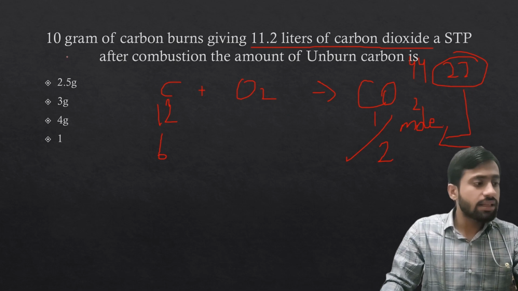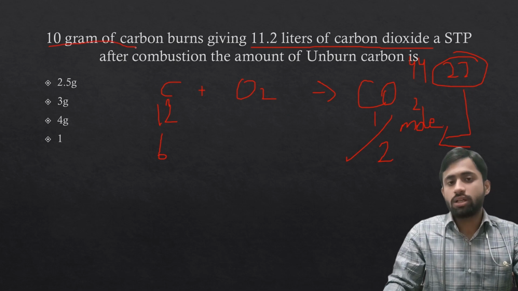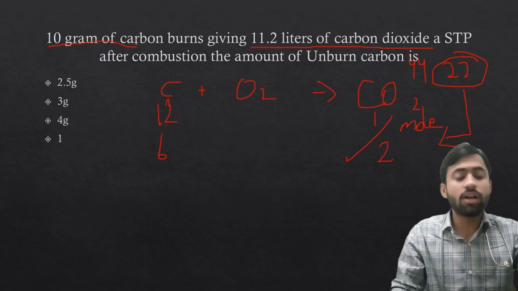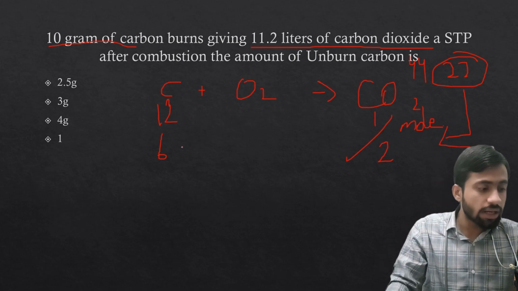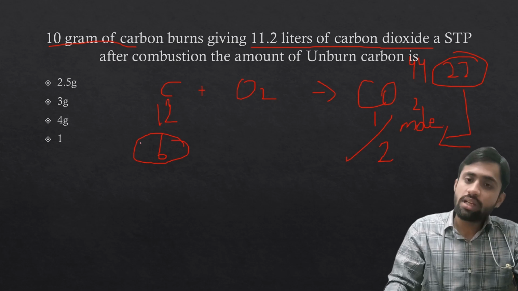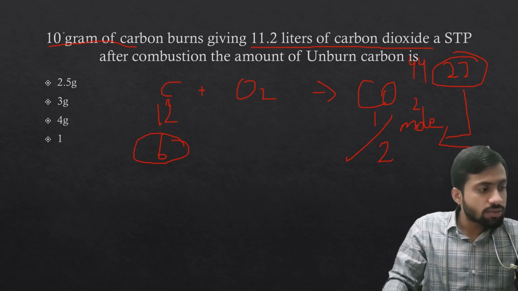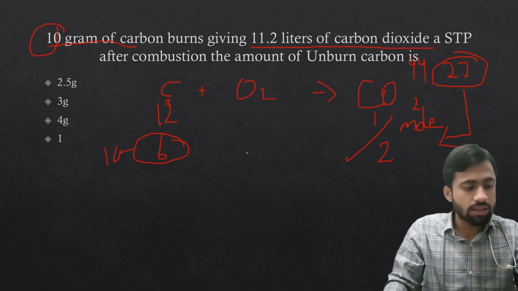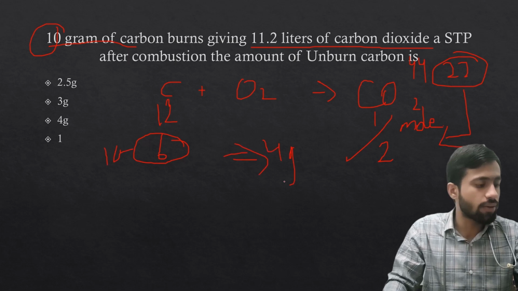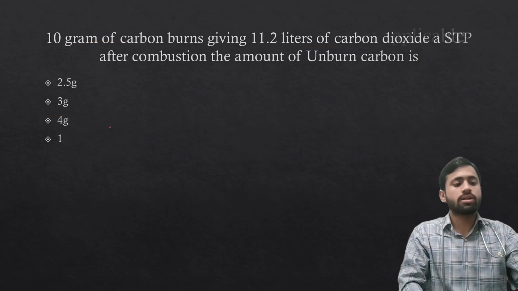So 10 grams of carbon was given initially, and it made only 11.2 liters of carbon dioxide, that means half a mole. So how much carbon reacted? Only 6 grams reacted. How much will be left from 10 grams? 10 minus 6 gives 4. So 4 grams will be left. That is your option C. Let's move on to the next MCQ.